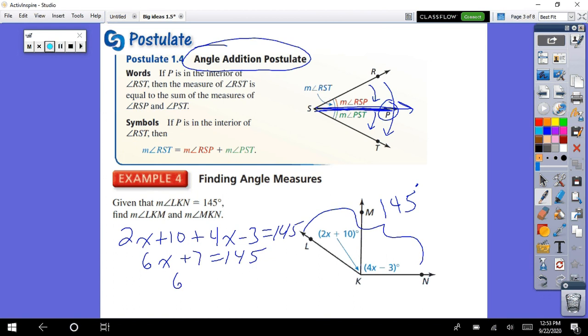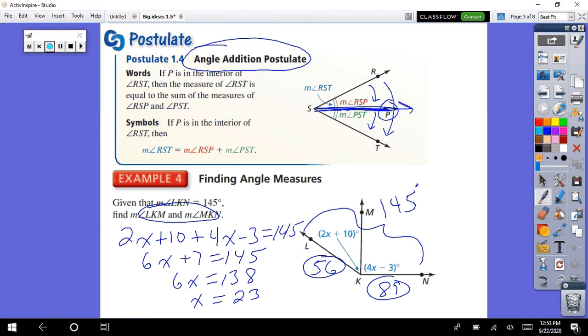Subtract 7. Divide by 6. X is 23. And then it wants us to plug them back in. So let's see, 2 times 23 is 46 plus 10 is 56 on this angle. 4 times 23 is 92 minus 3, 89.